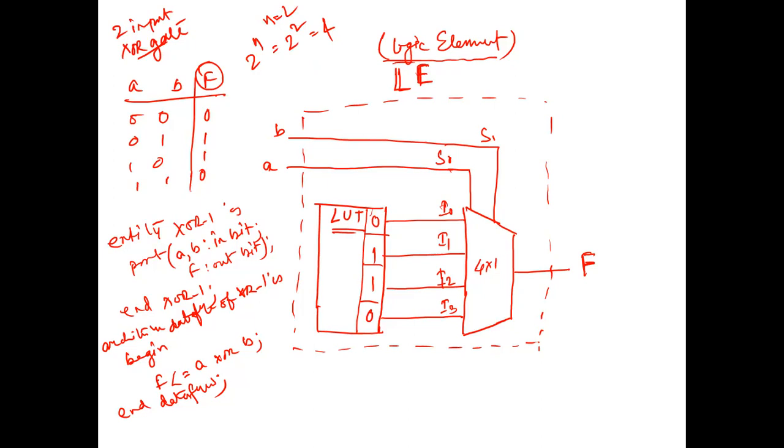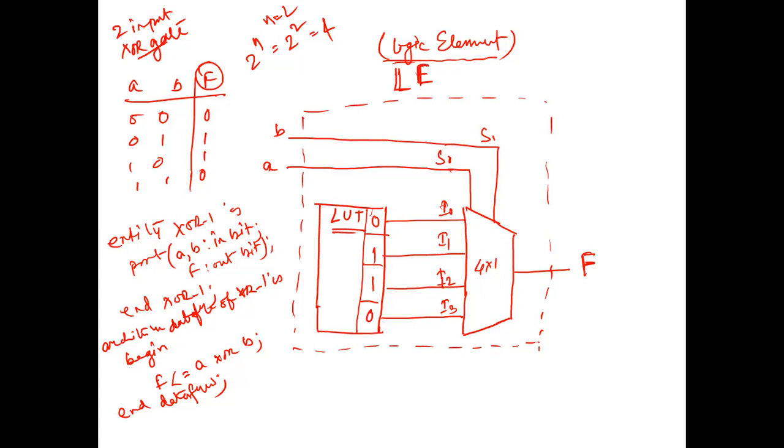Clear? 4 combinations of what? Basically the 4 combinations of the output.